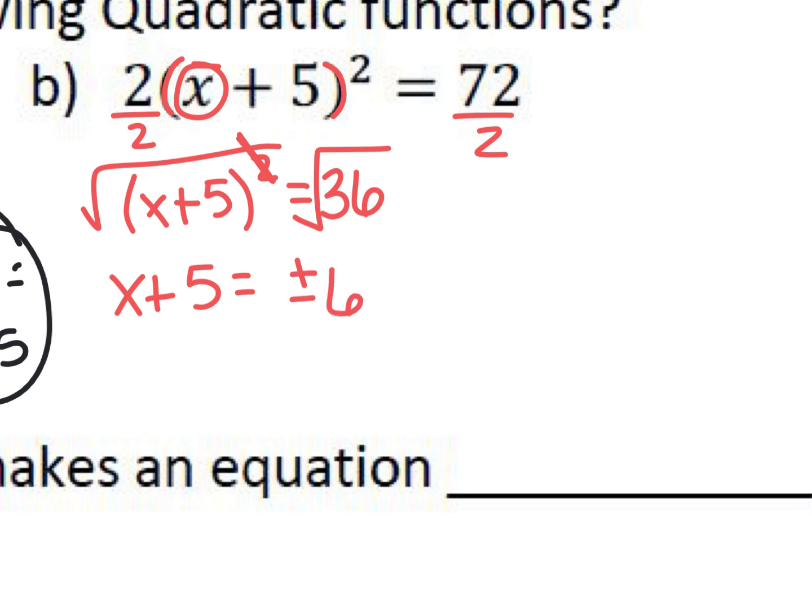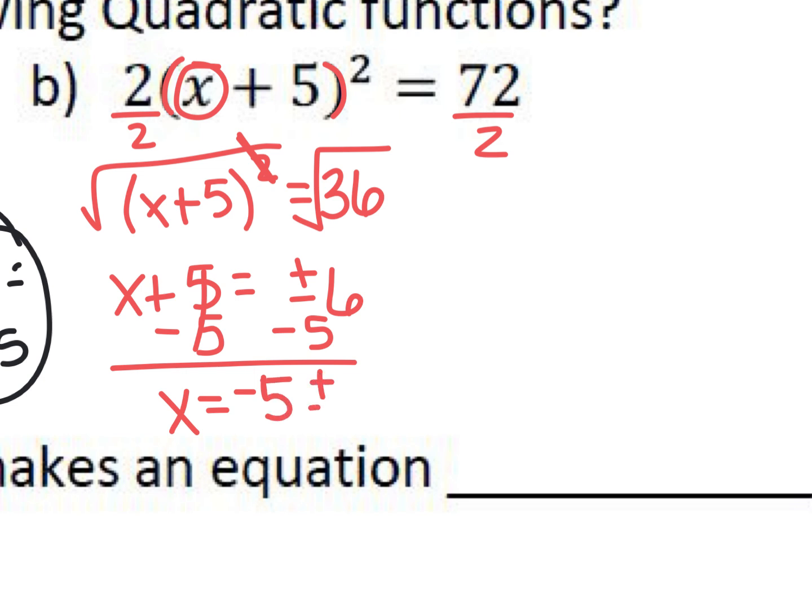And now, how do we get that x alone? We're going to move that 5. We're going to minus it. And remember, this is, in fact, also 2 problems, right? We have x equals, you can write the 5 first, or you can write it last. It doesn't actually matter. So we can say negative 5 plus 6 and negative 5 minus 6. Well, what's negative 5 plus 6? 1. And what's negative 5 minus 6? Negative 11.